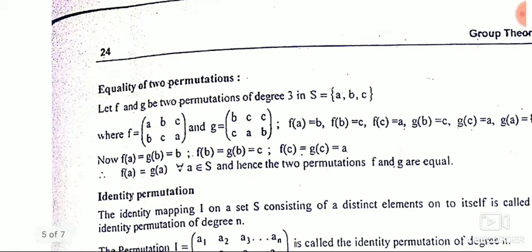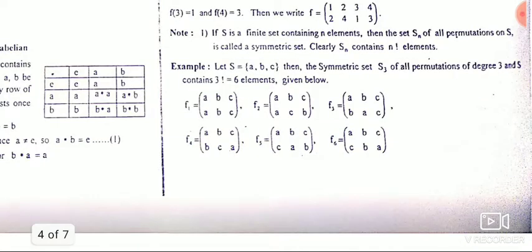Now, when do we call 2 permutations equal? For a permutation you need a function. The function f1 is taking a to a, b to b, c to c. The function f2 is taking a to a, b to c, c to b.